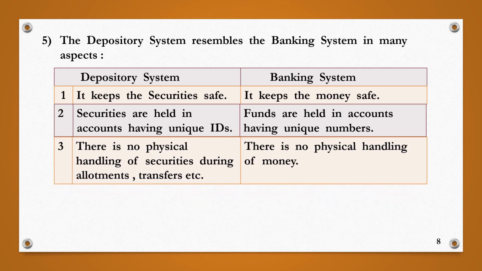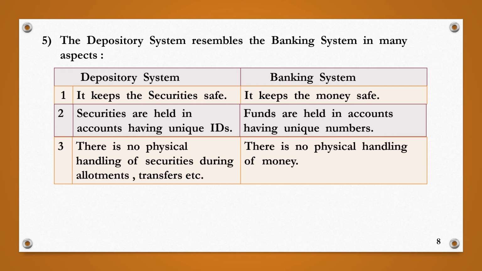The third similarity is, in the banking system, we very well know that there is no requirement of physical handling of money. That means funds can be received directly in the accounts, and funds can be transferred to another person. You do not actually handle cash. In a similar way, in the depository system, there is no physical handling of securities, let it be during allotment, transfer of shares or transmission of shares.